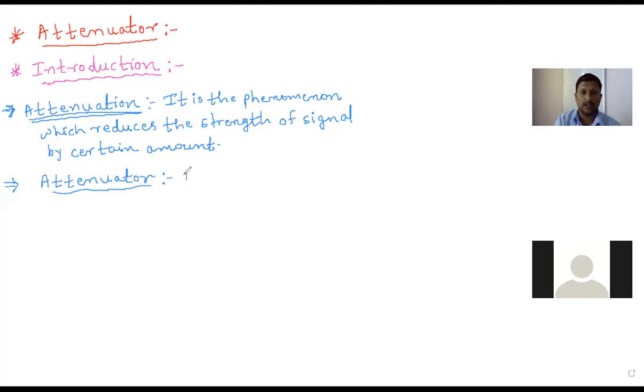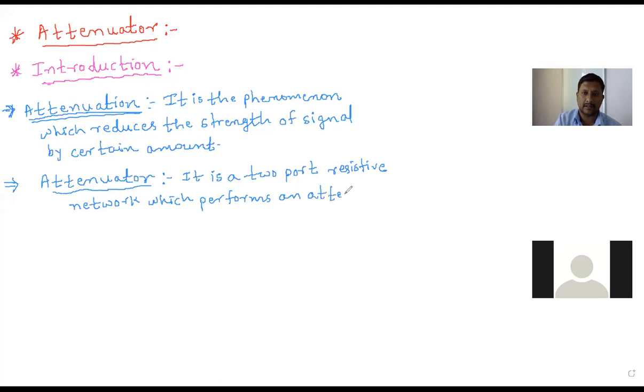Okay, in our language we can say it is a two-port resistive network, because only resistors we are using, which performs attenuation of signal.